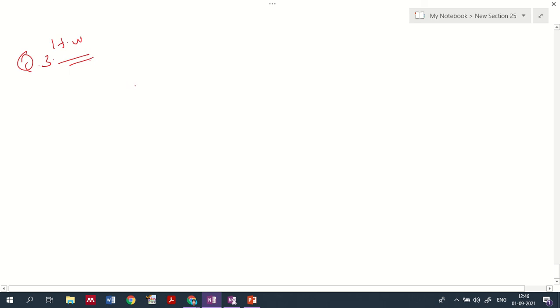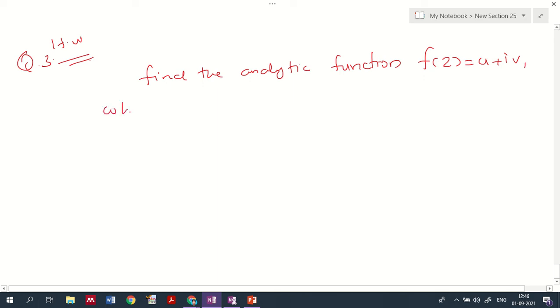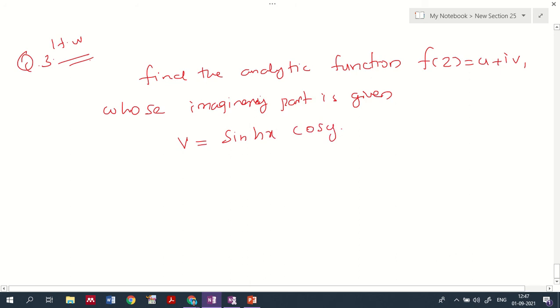In the same fashion you have to exercise: find the analytical function f of z equal to u plus iv whose imaginary part is given, that is v equal to sinh x cos y.